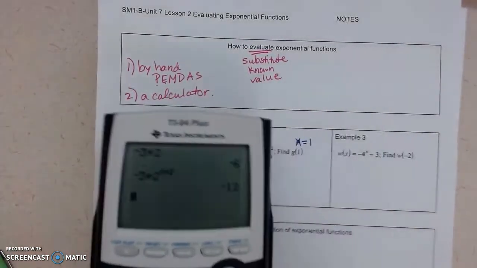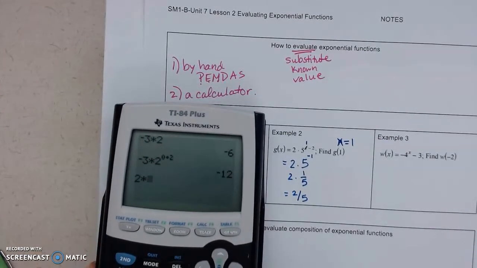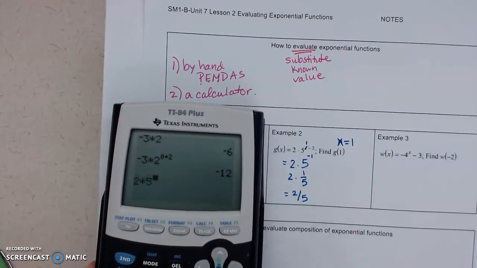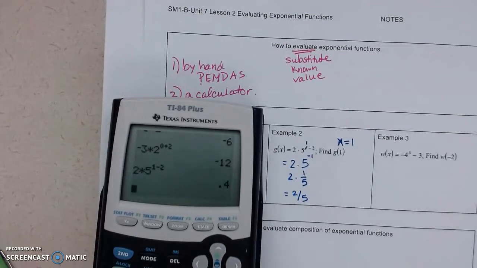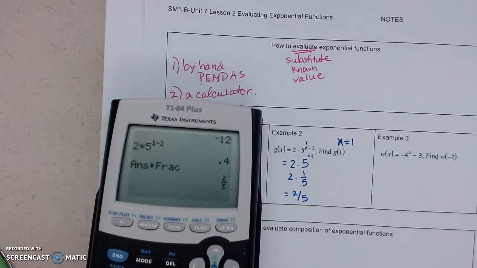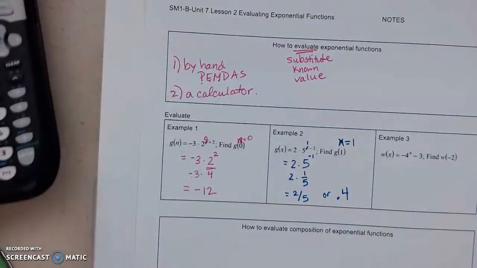If we type that in, I've got 2 times 5 to the 1 minus 2. Now, they tell us 0.4, which you can go ahead and leave your answer like that, or if I change it to a fraction, it is 2/5. But both answers are fully correct.